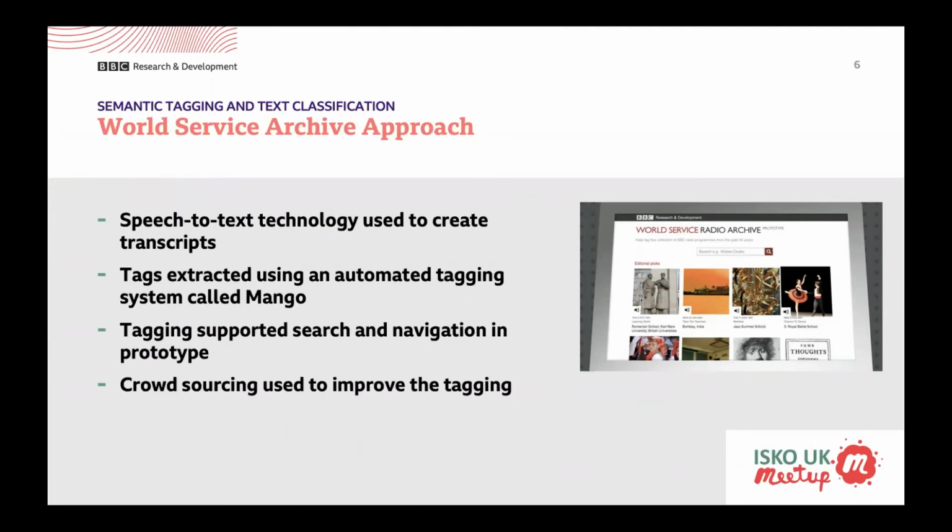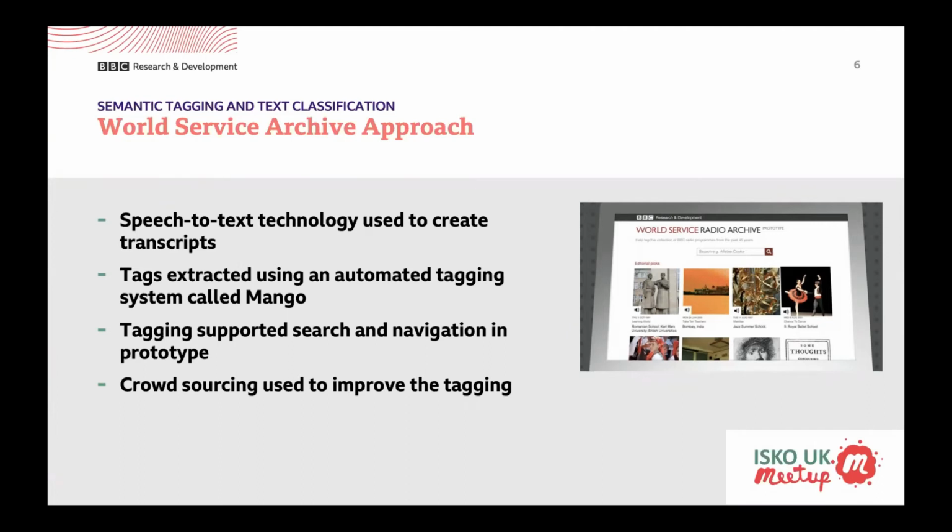So the approach we adopted was to run all that content, and I think it was something like 3 years of continuous audio, through speech-to-text technology to create transcripts for all the programs. And then we developed an automated tagging system called Mango to extract tags from that text. And then we use those tags to support search and navigation in the prototype, which you can see on the right.